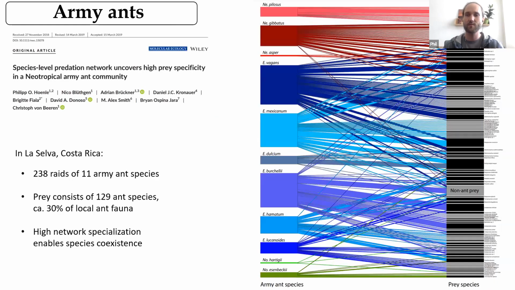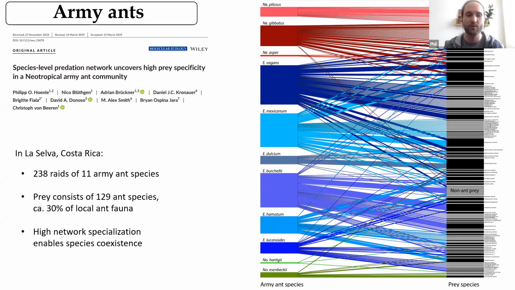And this is what I did during my master thesis in Costa Rica in 2017. Basically all we did was just walk in the forest of La Selva in Costa Rica. And every time we found an army ant raid, we would collect 10 prey items randomly, or like the first 10 that we saw. And then we moved on and looked for the next ones.